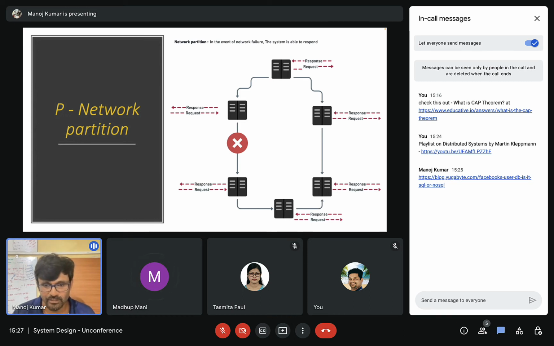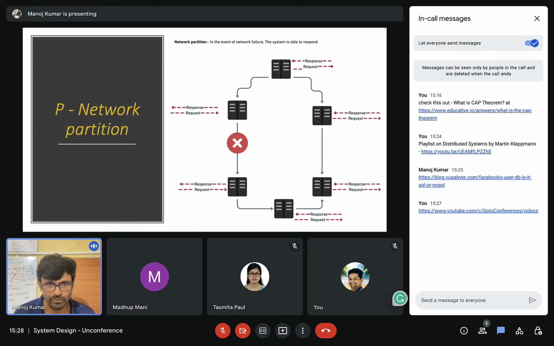A lot of architects come and speak about each and every design, or about microservices and the problems with microservices. There is another one, the DevoxX conference, and then you have InfoQ.